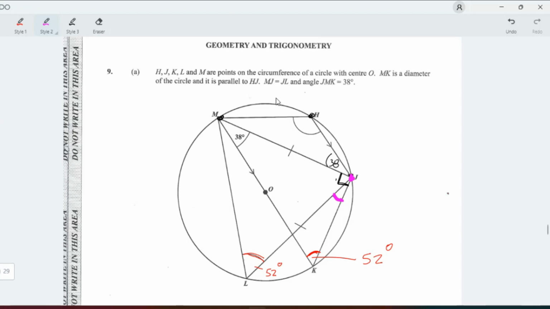So we know that HJ is parallel to this. So co-interior angles are coming into play.